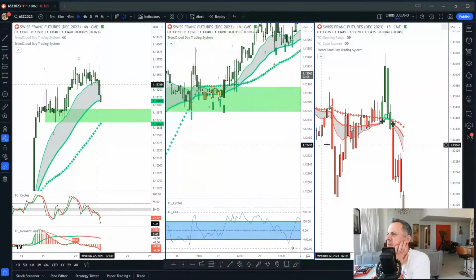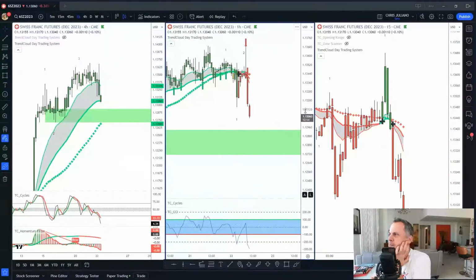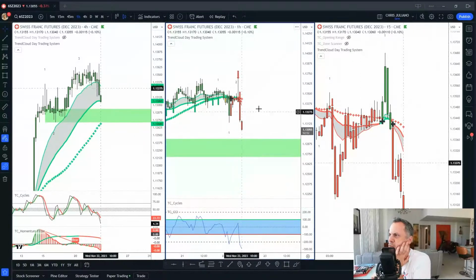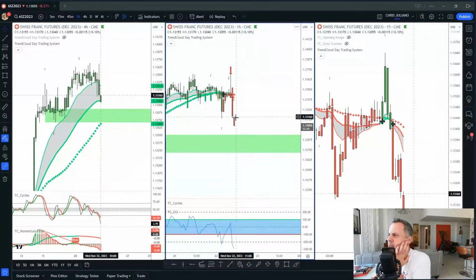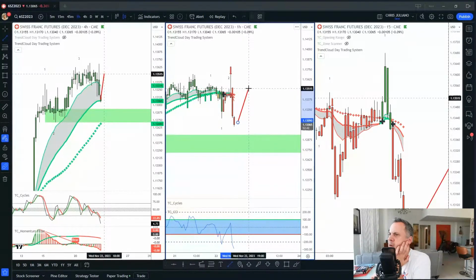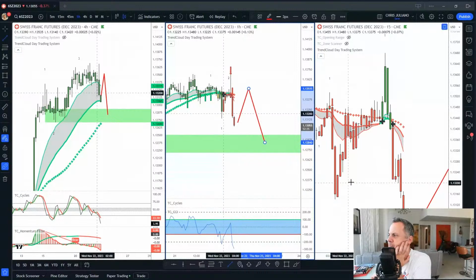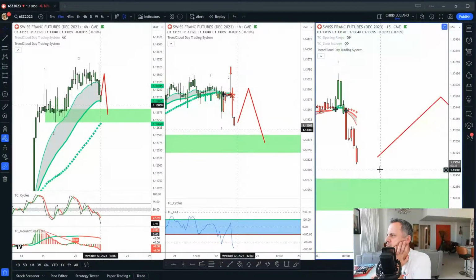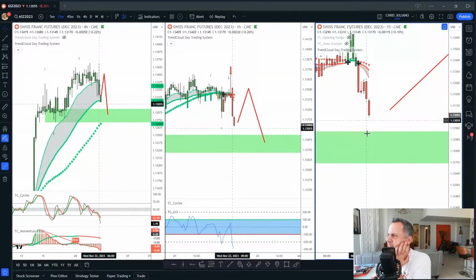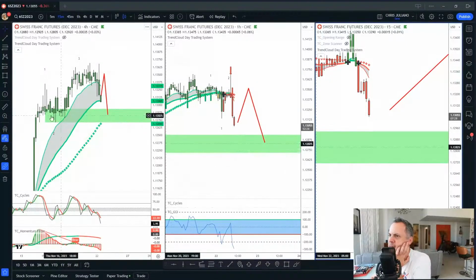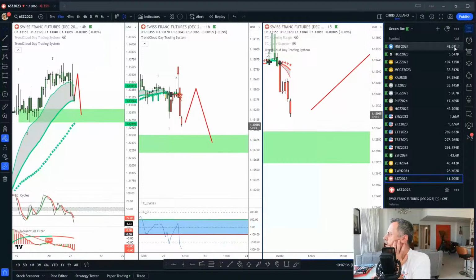Not the best asymmetrical leverage. If we get a pullback into here, we can take that short. But again, it's really not the best risk to reward. Even on the 15-minute chart, we're almost in that high time frame turnaround area. So I would say no.